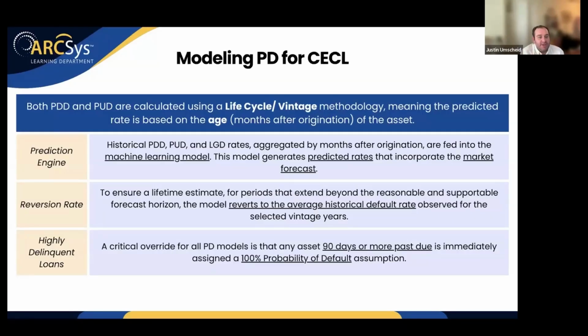The other consideration in a PD model that we have to make is for loans that are already 90 days delinquent or greater. So, right, when we have loans that are current, we have this expectation they may go into default. What's the likelihood they may go into default? 2%, 3%, 4%. For loans that are already in default, there's no longer really that expectation, right?